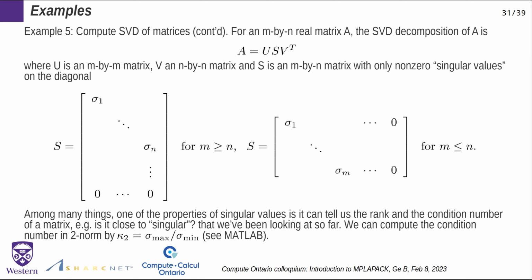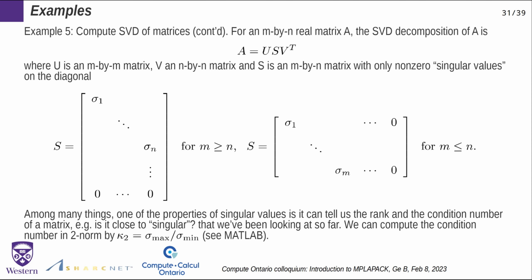If there are zeros on the diagonal, then we know that it is not full rank. And among many things, one of the properties of the singular values is that they can tell us the rank and the condition number of the matrix.